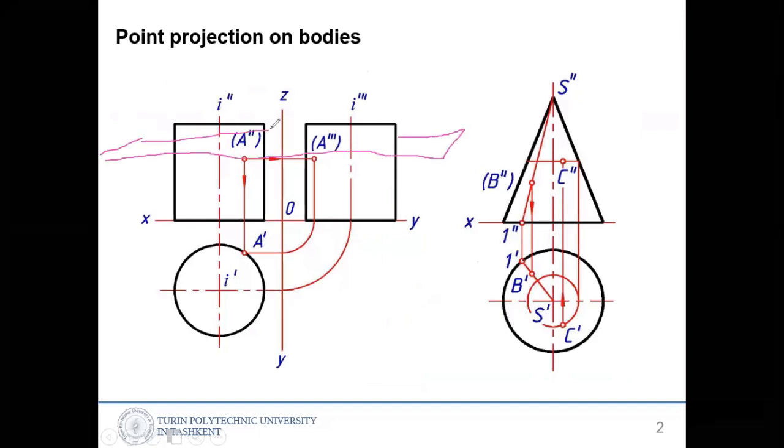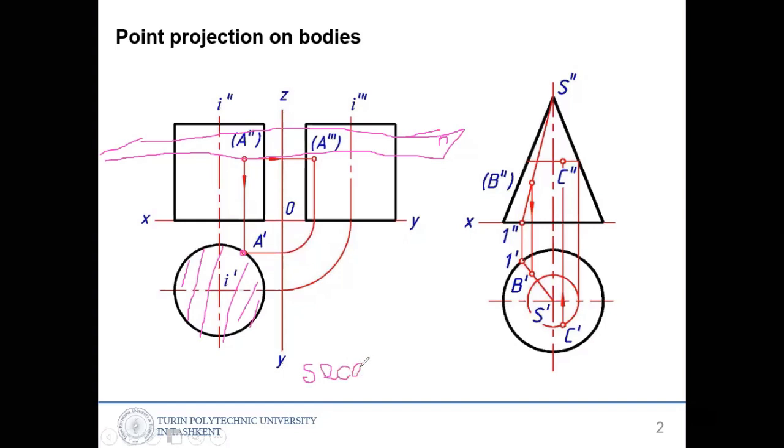When you cut with a plane, P or any plane, we have a section like this. That point lies on that section, so we find that point and then project it to other views. That's the secant method.